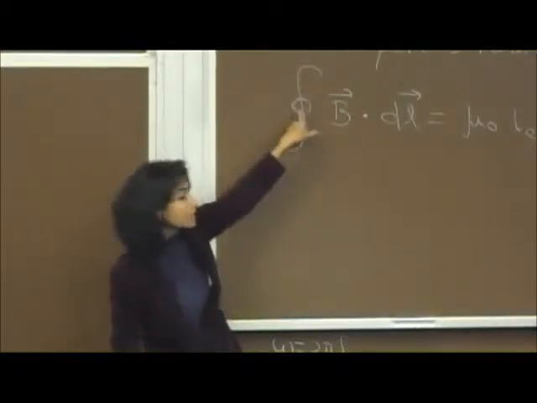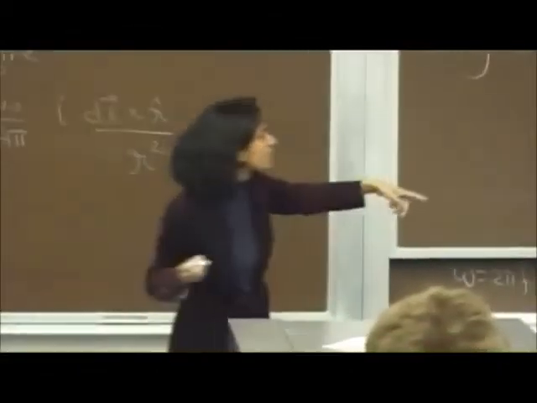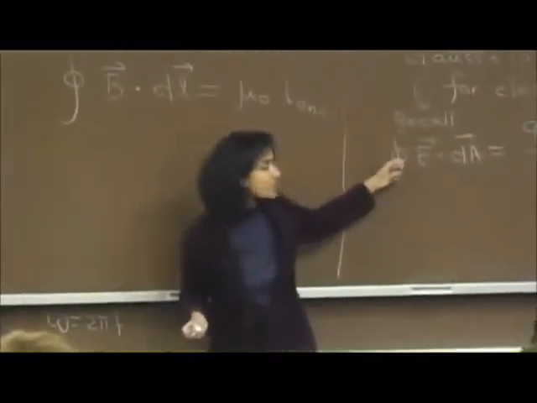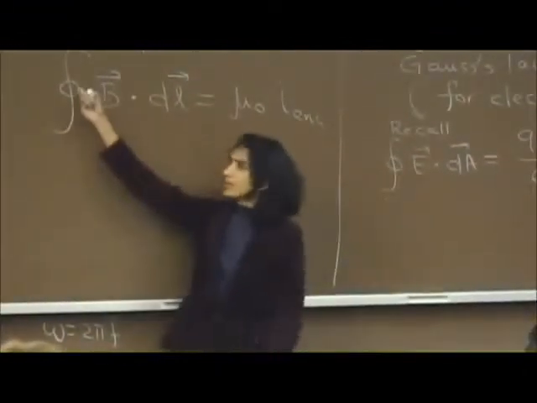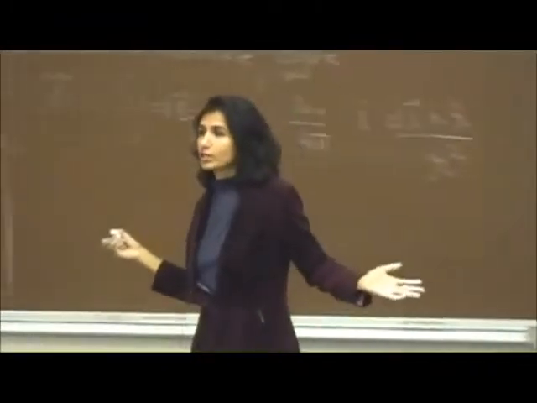That's what I mean by saying it's a closed loop. And these loops are again imaginary loops, just like these closed surfaces could be imaginary surfaces. We used to call these surfaces Gaussian surfaces. We will call these closed loops Amperian loops, because Ampere was the one who came up with this law.